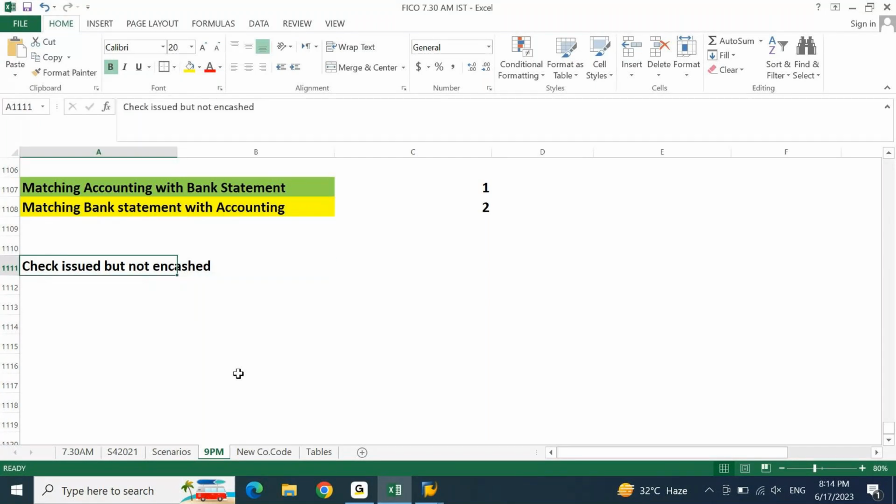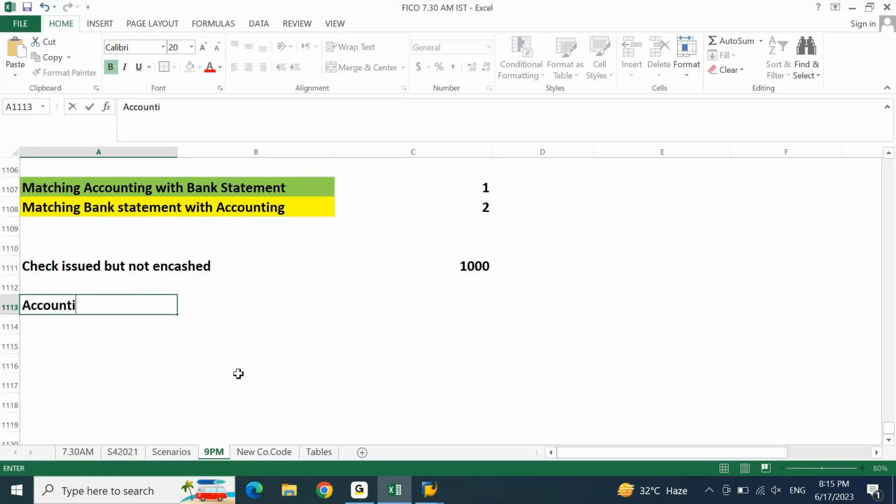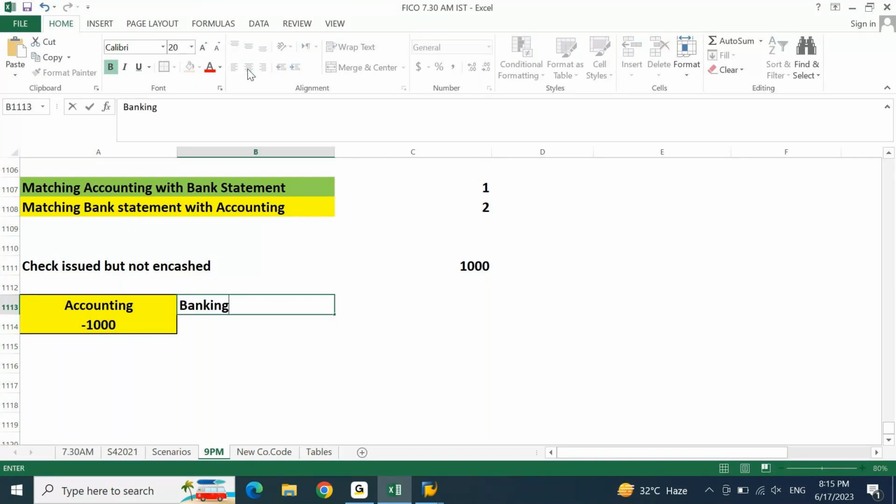Not part of the bank statement, but from the accounting point of view, it is entered. Okay, I'll put some 1000 here. In accounting, you have put negative 1000. Clear? In banking, there is nothing for this, 0.